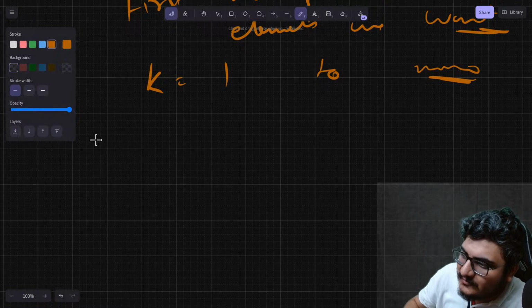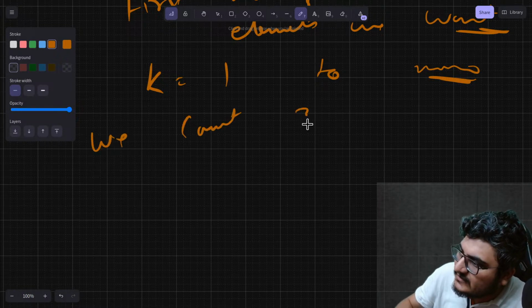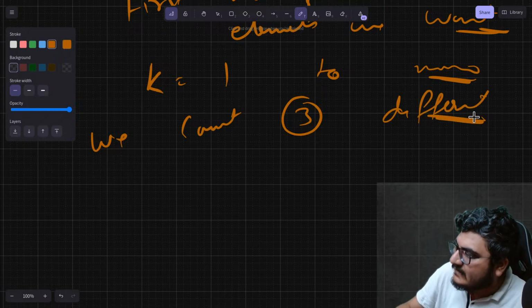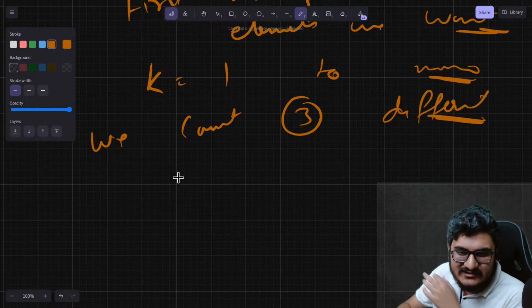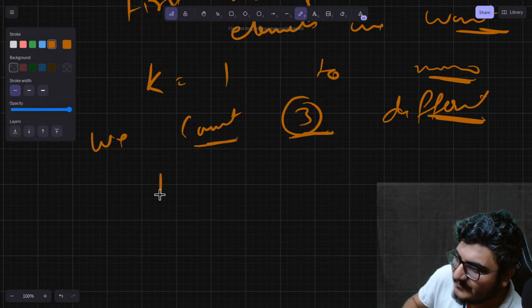And let's say we want 3 different elements. Then what is the maximum length we can have? Let's forget the divisibility part. If we want 3 different elements, what is the maximum length we can have?